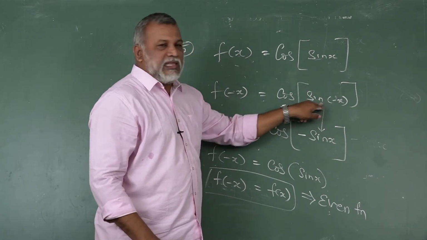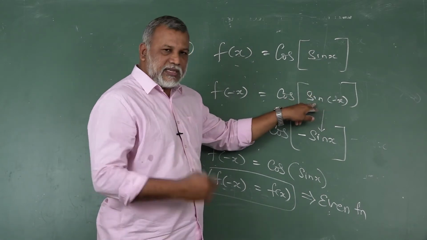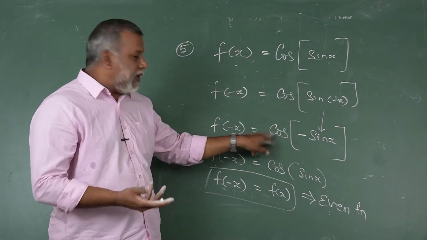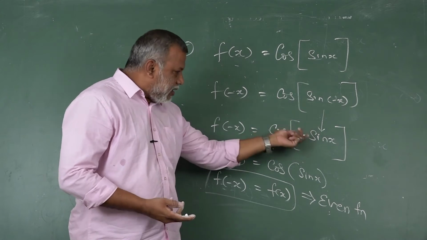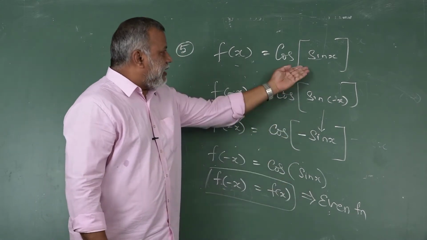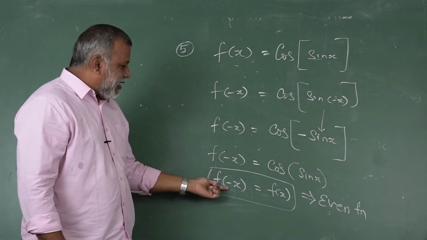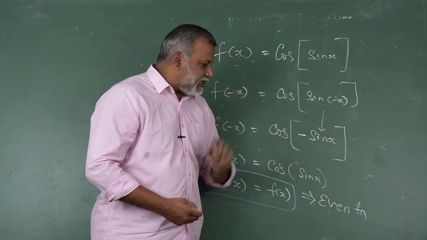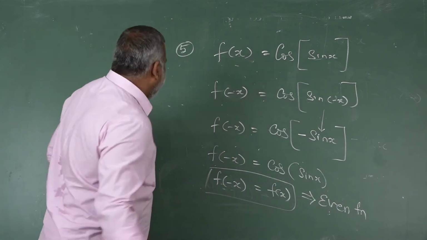Then which function is here? Sin. Sin emits a negative, but the outer layer is cos, so cos of a negative means cos absorbs the negative. Once again it becomes cos of sin x, which is equal to f of x. F of minus x equal to f of x, negative absorbed, therefore it is called an even function.